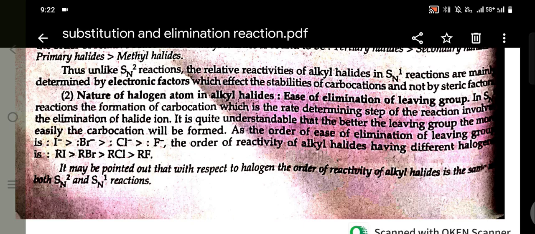The order of ease of elimination of leaving group is maximum I negative, then Br negative, then Cl negative, then F negative. The order of reactivity of alkyl halides having different halogens is maximum RI, then RBr, then RCl, then RF. It may be pointed out that with respect to halogen, the order of reactivity of alkyl halide is the same in both SN2 and SN1 reaction.